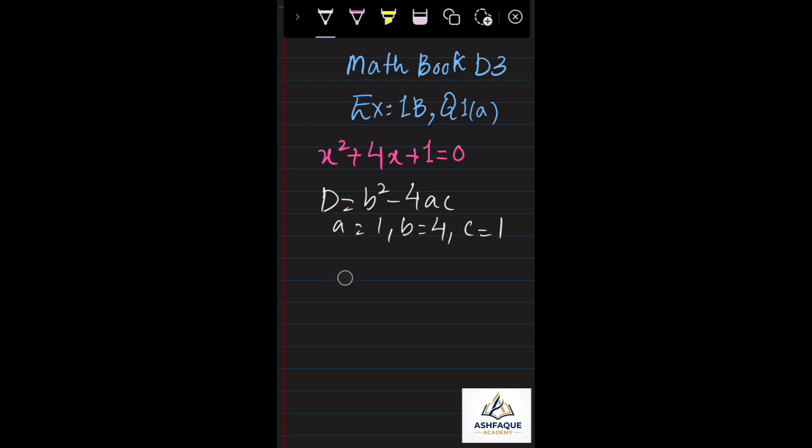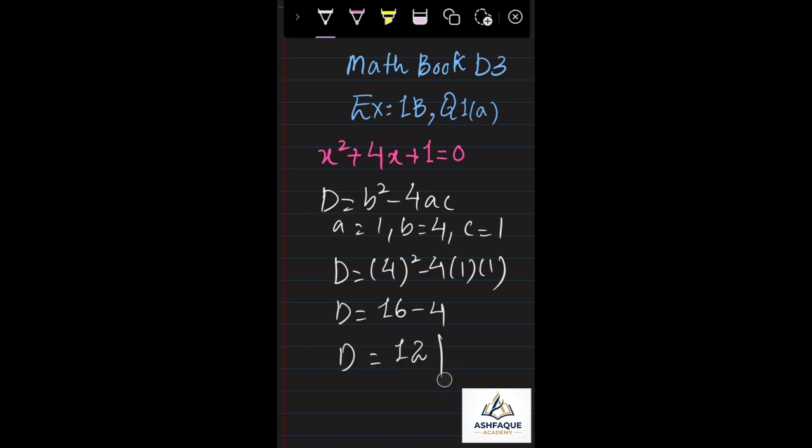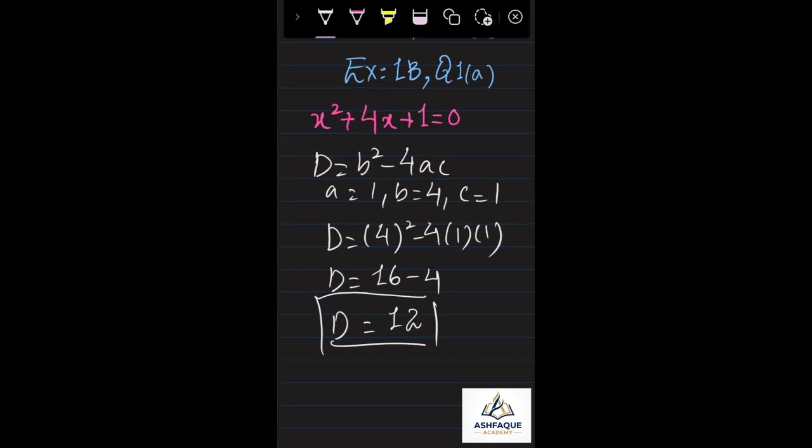So now D equals 4 whole square minus 4 times 1 times 1. So D equals 16 minus 4. So what we will have here, the discriminant is 12, which is greater than 0, but it is not a perfect square.